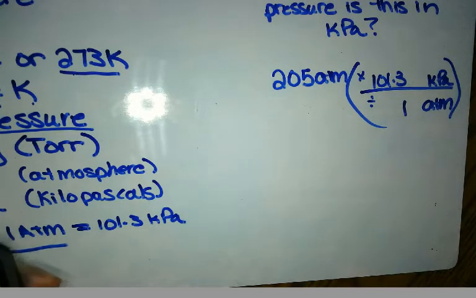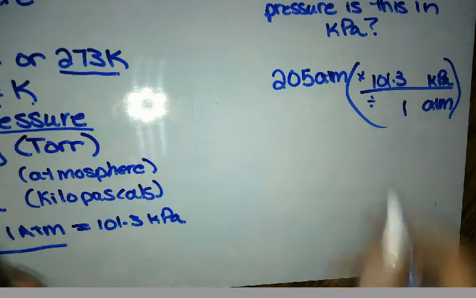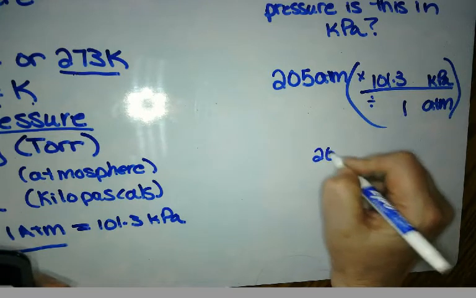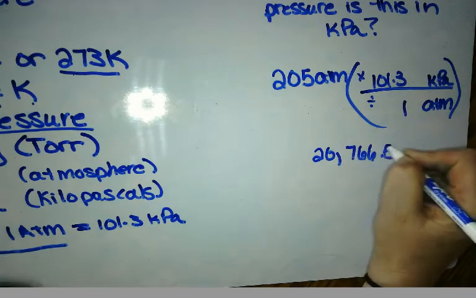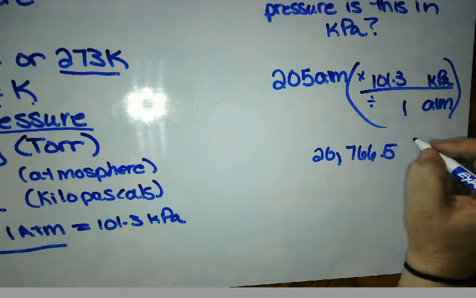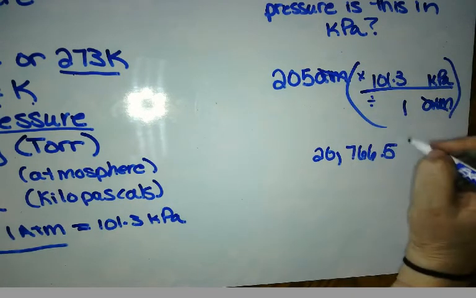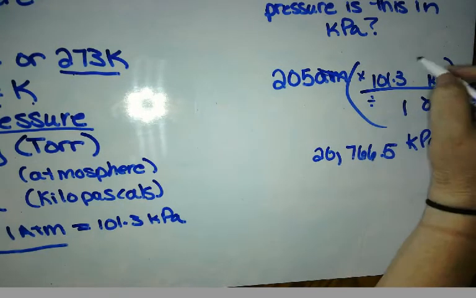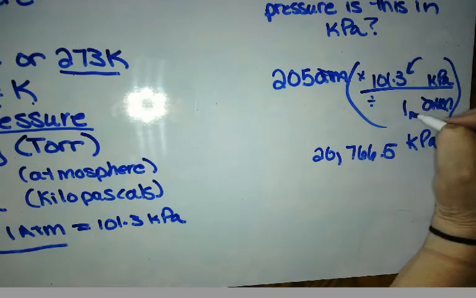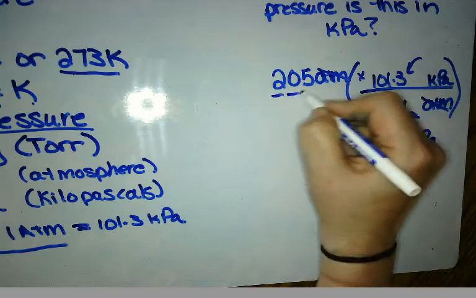I get 205 times 101.3 equals 20,766.5. My atmospheres goes away and I'm in kilopascals. Okay, now these are given numbers, so they don't really do our sig figs, but I do have 1, 2, 3 sig figs.